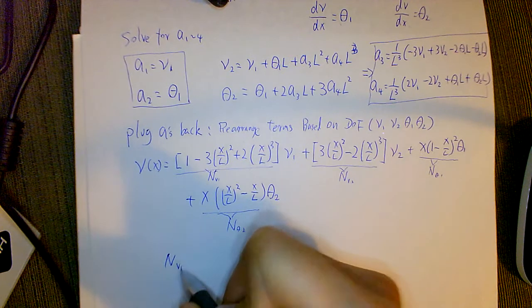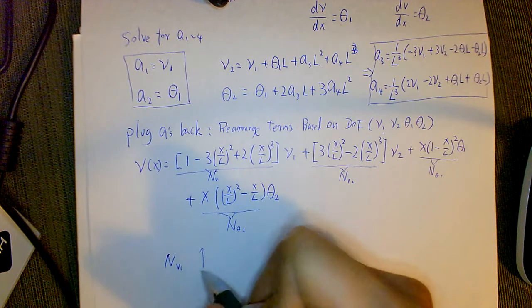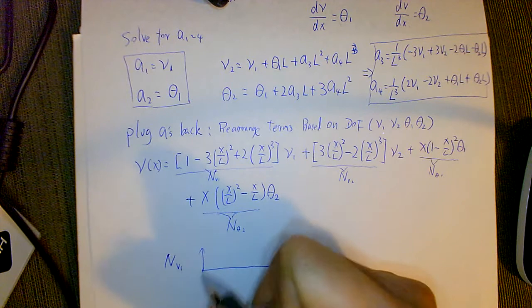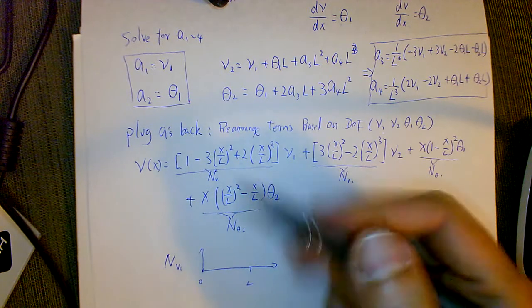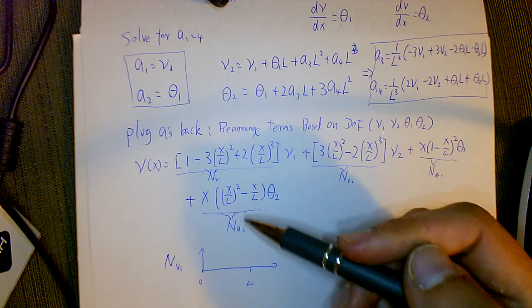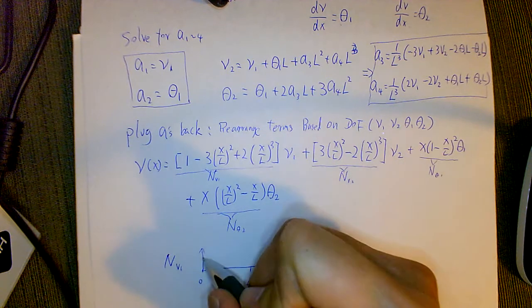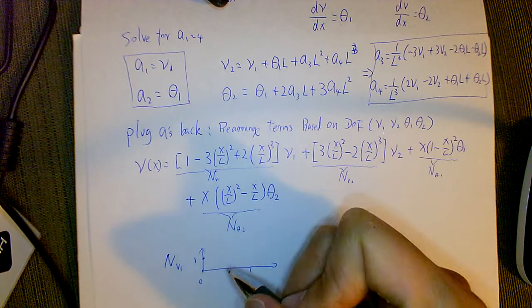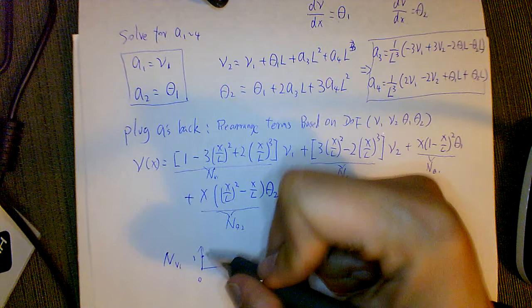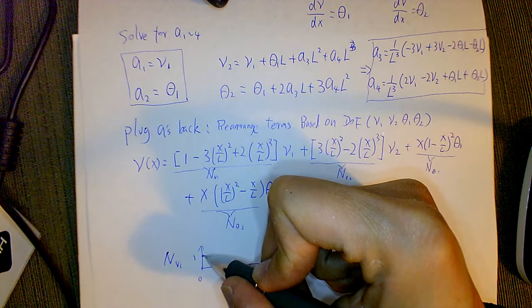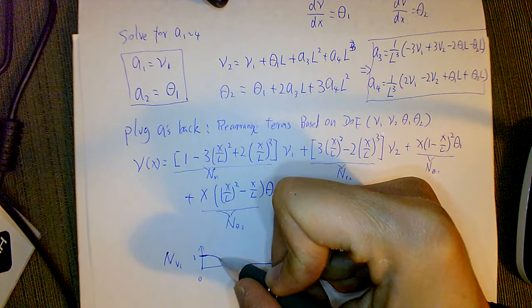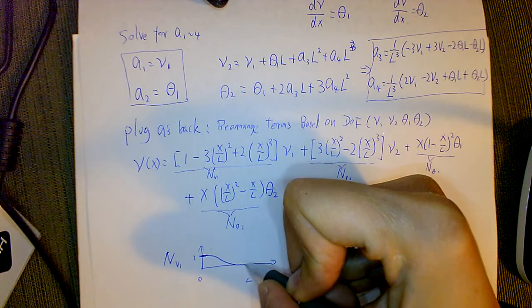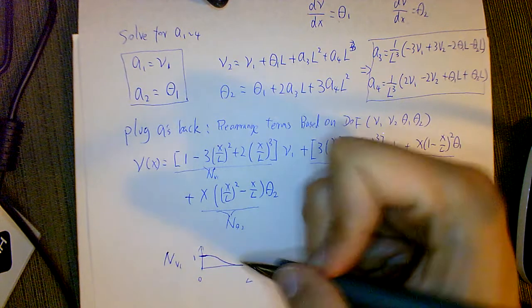The NV1, if you plot it, if this is 0 and this is L, if you plug in 0, you find out it's 1 right here. And then, in fact, you will get a curve like this. This is flat, coming down, and this is flat here too.